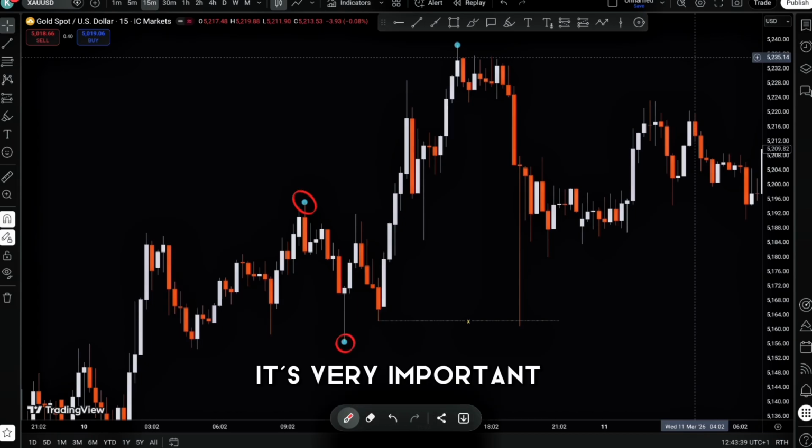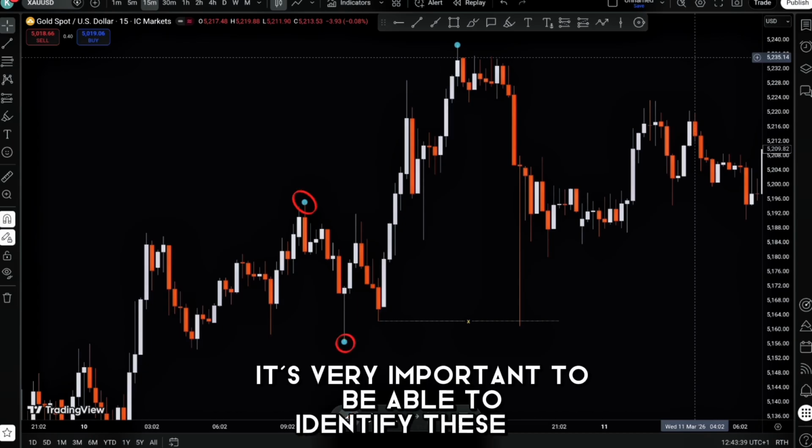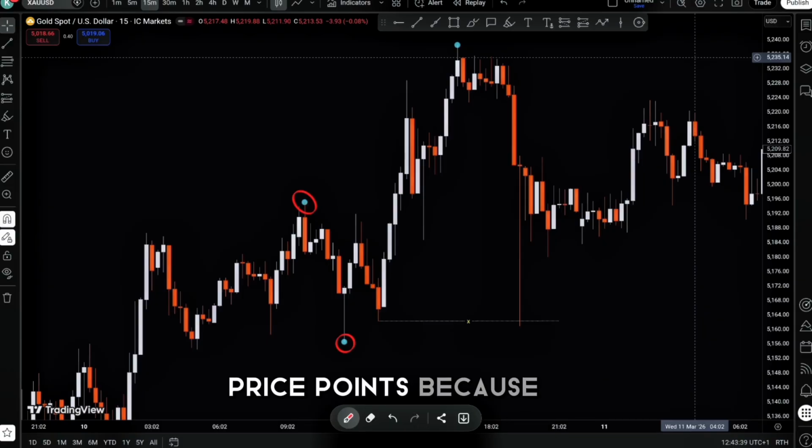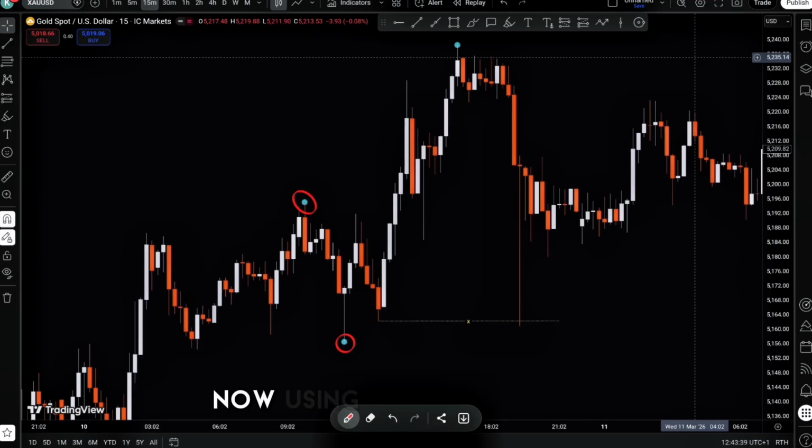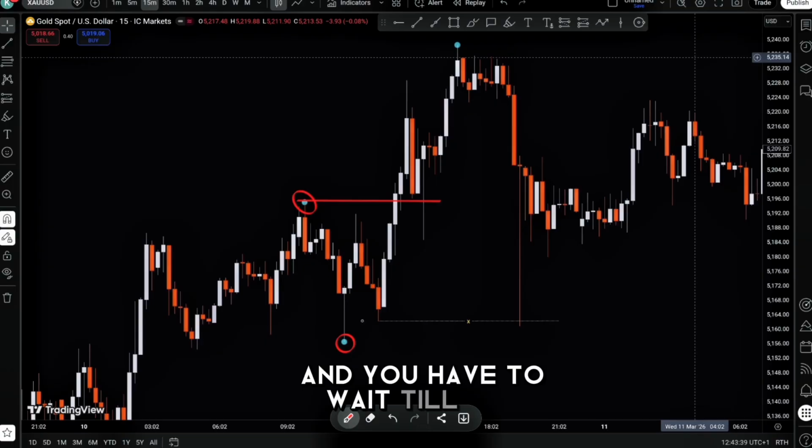It's very important to be able to identify these price points, because they are very, very significant in determining the movement of price. Now, using those 2 points, you have to draw a line like this, and you have to wait till it breaks.